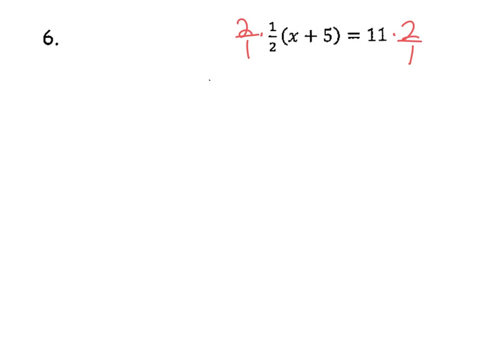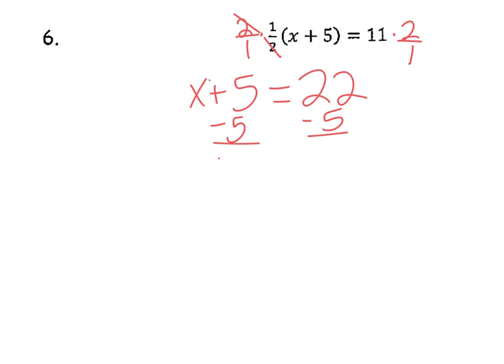These 2's cancel. The only thing I have on the left side is an x plus 5 equals 11 times 2? 22. How easy, I mean, this is so nice now. Just get rid of the 5. So x is alone. Isolate the variable. X equals 17. Easy, easy.